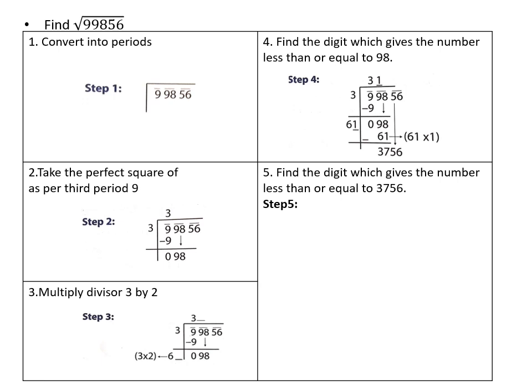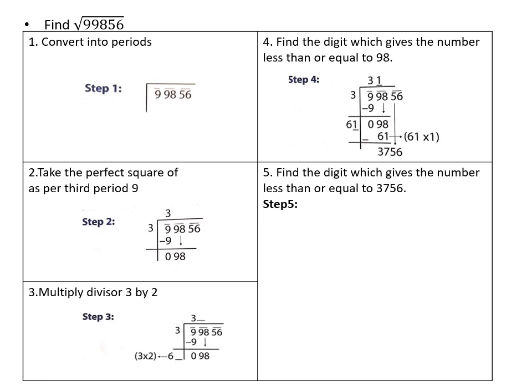So here after 6, if you write 1, 61 into 1 equals 61. And if you write 2, that gives you 62 into 2, and the answer is 124. And 124 is greater than 98, so we will not take 2 here, so 1 is the digit. And therefore subtracting 61 from 98, we will get 37.